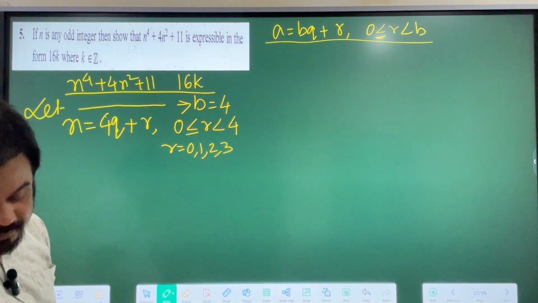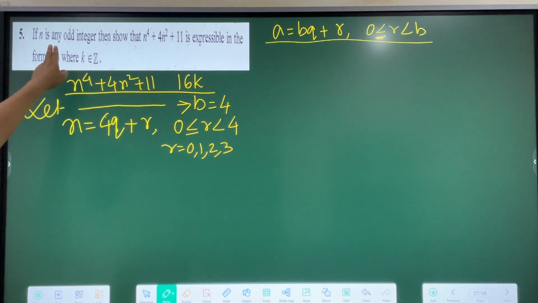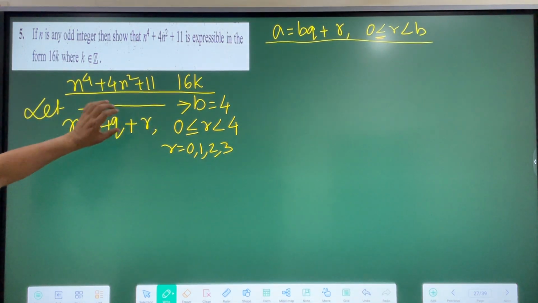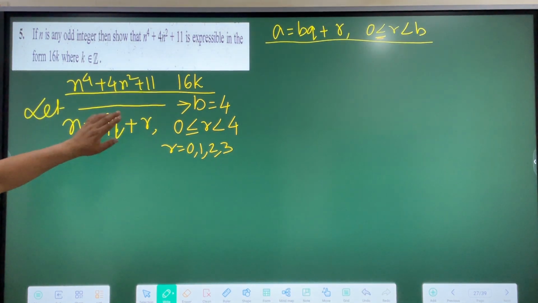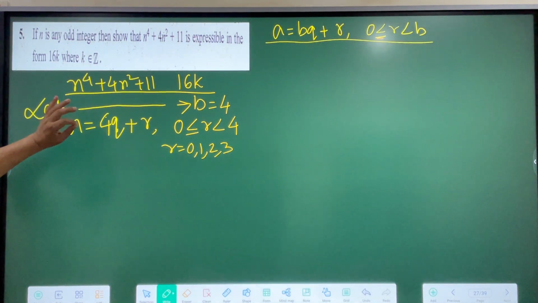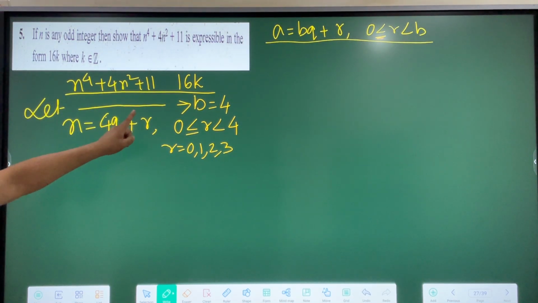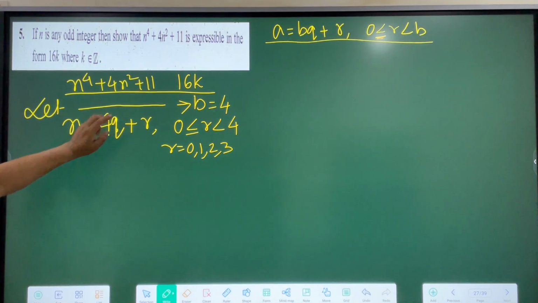Now, since it is an odd integer, 4q is there. With 4q, if we add 0, this will be even. If with 4q you add 1, this will be an odd number. When will n be odd? When r is odd, because the term 4q is already multiplied by 4, so it will always be even.